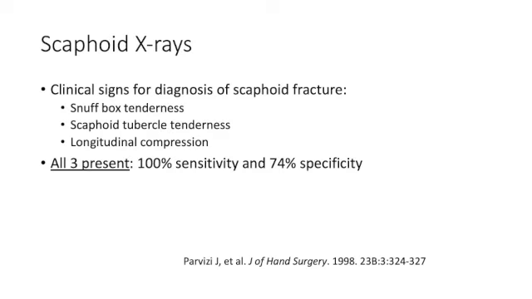If they're having pain around the scaphoid tubercle, or if longitudinal compression, or axial loading, is causing pain, we really need to be proactive with identifying those and trying to seek out a specialized view for a potential scaphoid fracture. If all three of those are present, that's pretty darn good sensitivity, 100%. Specificity is still about 74%. So really commit those three signs to memory.